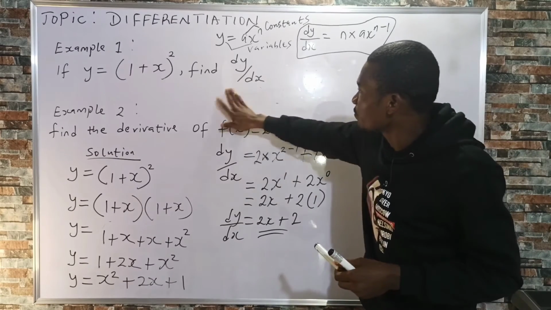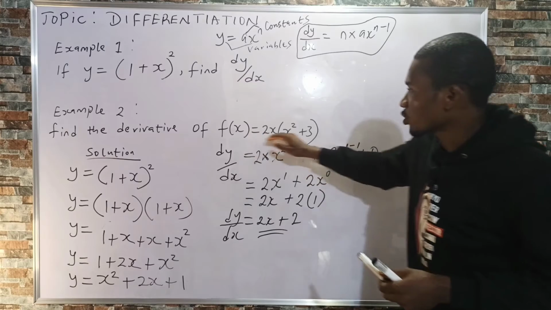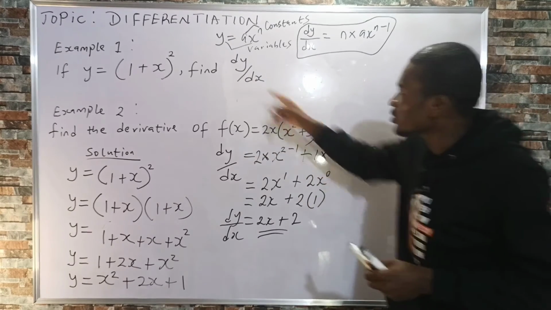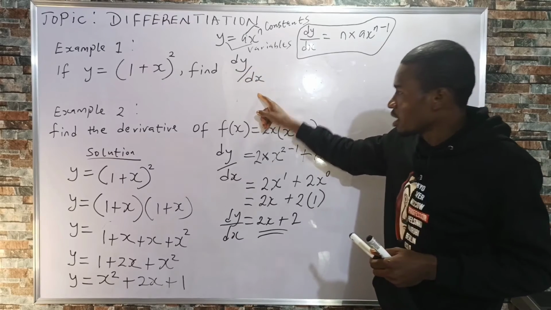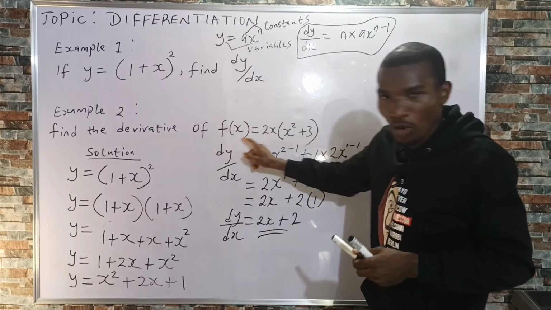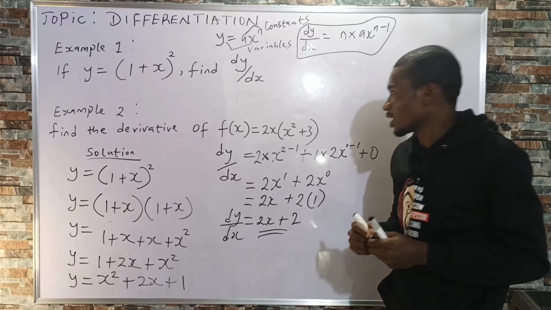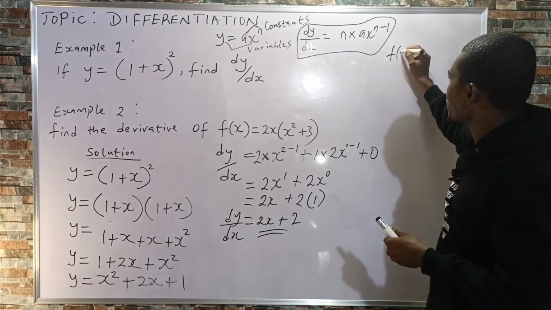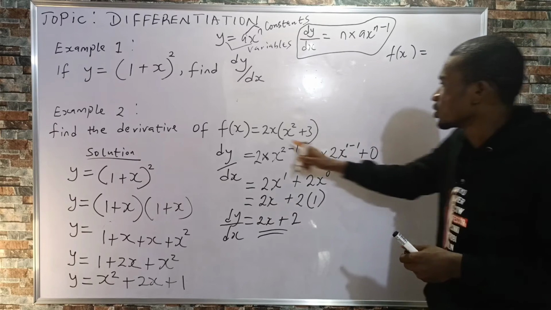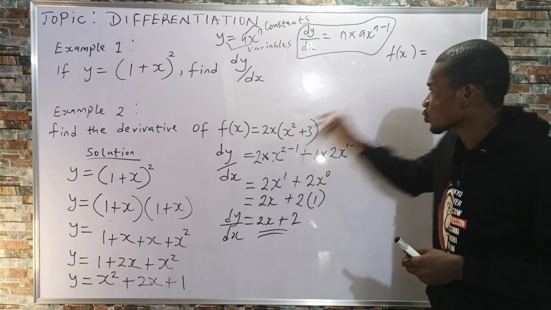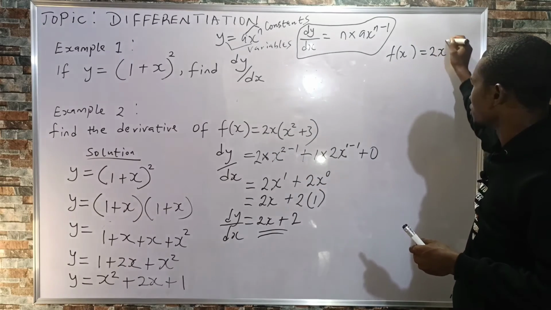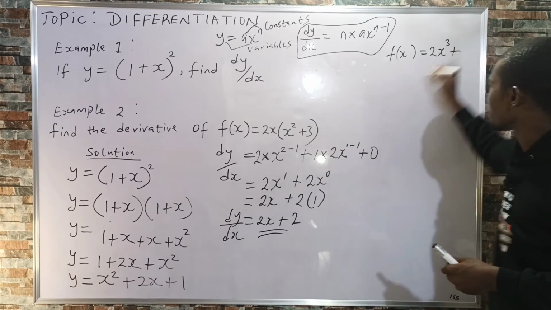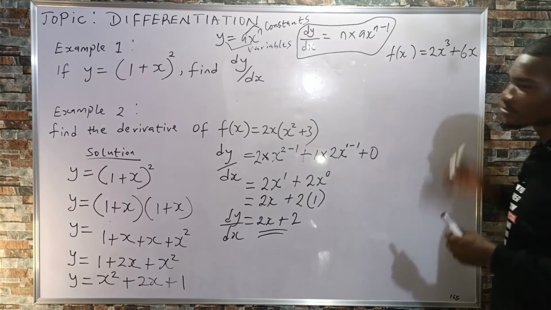But since we are given f of x equal to everything we have here, and we are asked to differentiate it, we shall not say dy dx again, but we shall say f prime of x, though we are coming to that. Let's open up this bracket first of all. We have f of x, which is equal to 2x multiplied by x squared will give us 2x cubed. Then plus 2x multiplied by 3 will give us 6x.